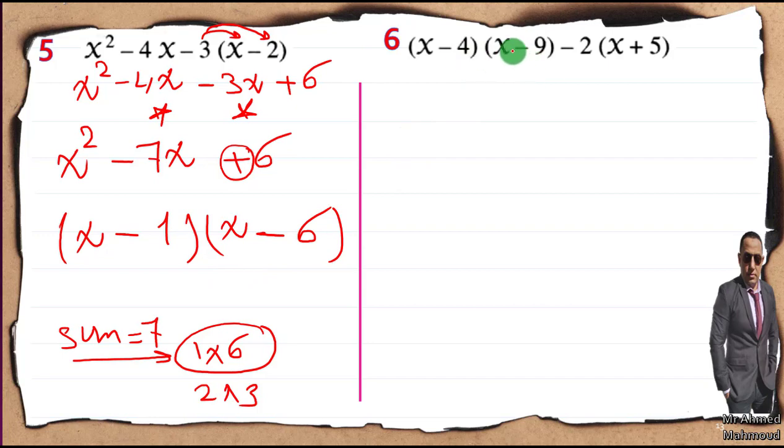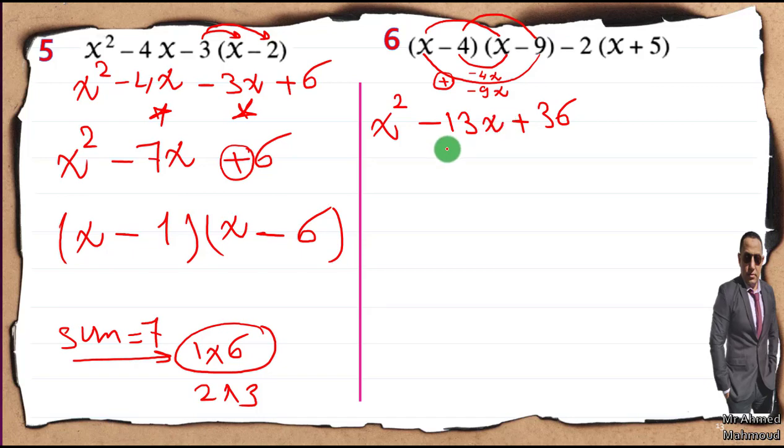Another one. I have now two brackets multiplied by each other plus this expression. To expand these two brackets, as I explained in the first expression at the very beginning of this session, I'm going to multiply first by first, x^2, second by second, negative 4 times negative 9 equals positive 36, and the middle terms negative 4x and negative 9x, I add them, negative 4 plus negative 9 equals negative 13x.